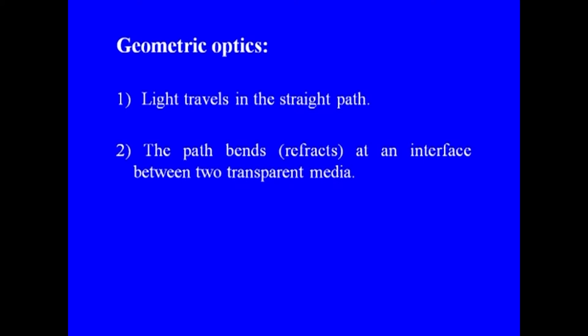The two rules of geometric optics are that light travels in a straight path, that is the first rule. And the second rule is that the light path bends, or we can say refracts, as we have discussed earlier, at an interface between two transparent media.